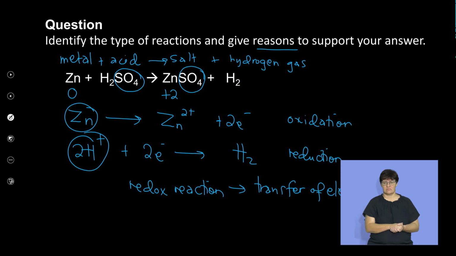Hence, we have managed to arrive at the oxidation and the reduction half reactions. So over and above the transfer, we managed to keep track of the changes in the oxidation numbers. So this is definitely a redox reaction, and the reason for that is that there is a transfer, which is loss and gain of electrons.